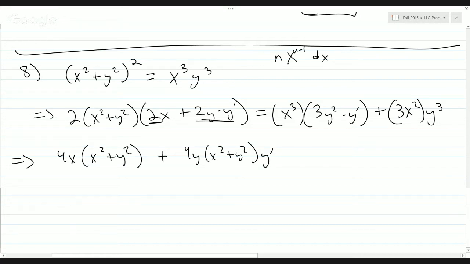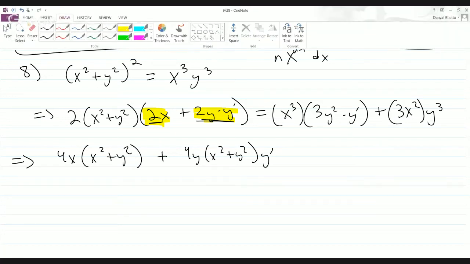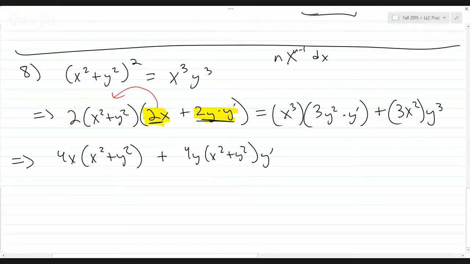Do you guys see how that happened? We have a 2x here. We multiply and then we have a 2y times y prime. We multiply that with everything and this with everything.